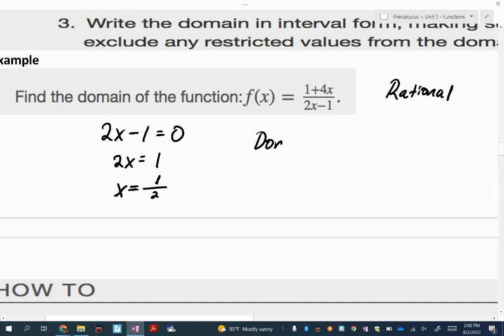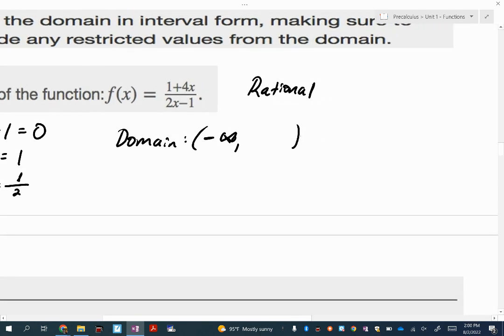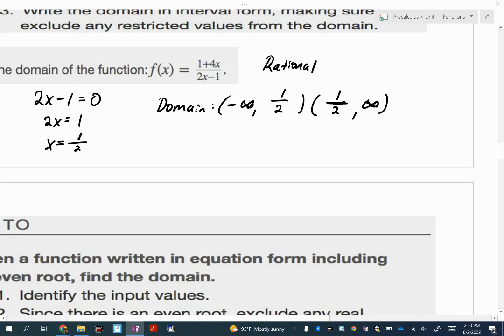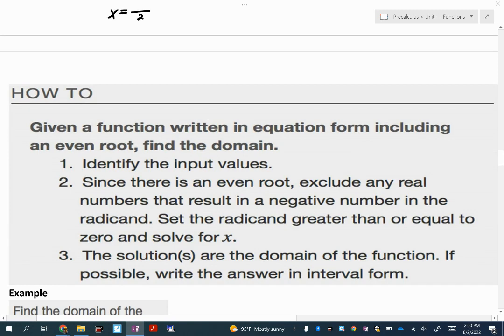So for the domain, I'm going -infinity to infinity. I don't usually do this, I'm just trying to show you that I'm going all real numbers, but don't use 1/2. Okay? All right, let's do the next page.